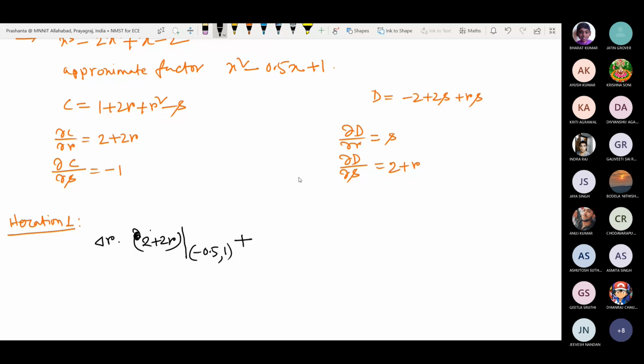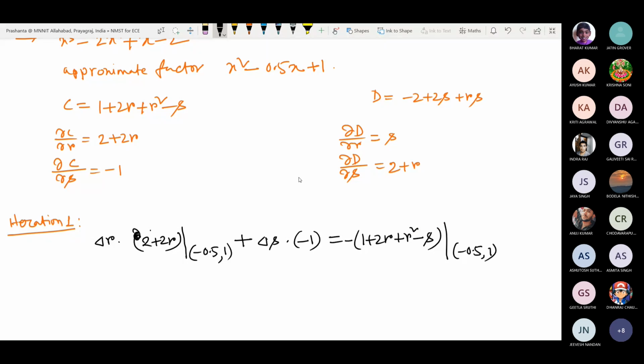Plus delta S into del C by del S, so minus 1. You do not have to evaluate it because it is already constant. Equals minus C of R, S. So minus C of R, S is 1 plus 2R plus R square minus S, with the minus sign, at the point minus 0.5 comma 1.